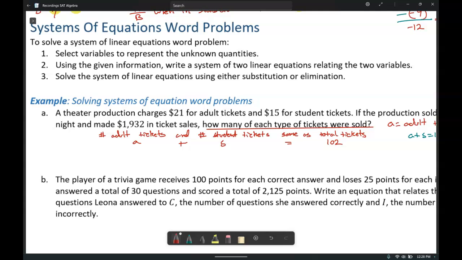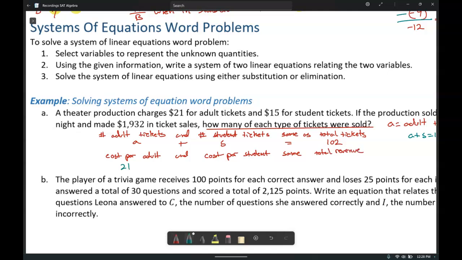Next, the cost per adult ticket and the cost per student ticket has to be the same as the total revenue earned.